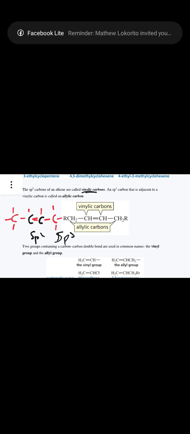The last bit of our discussion is the free radical addition of alkenes. Remember, for alkenes, we are talking of addition reaction. For alkane, you remember the free radical reaction of alkane, it was substitution, because you were replacing a hydrogen with a chlorine atom.